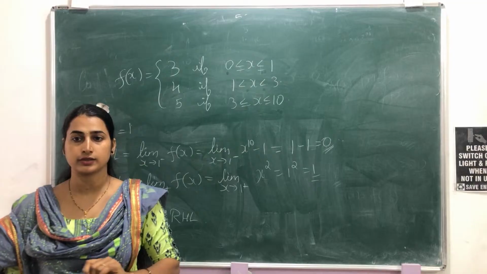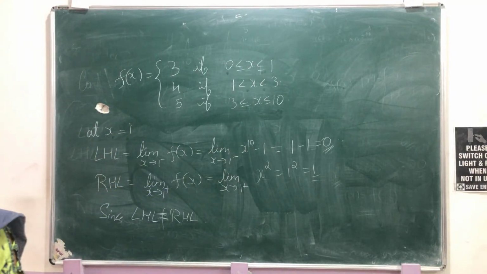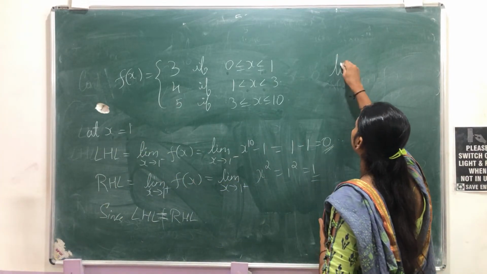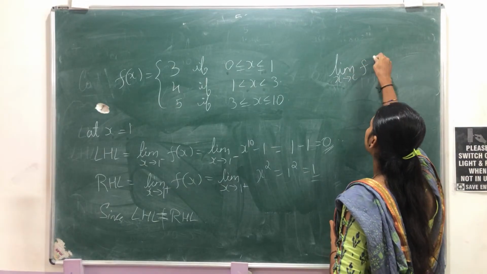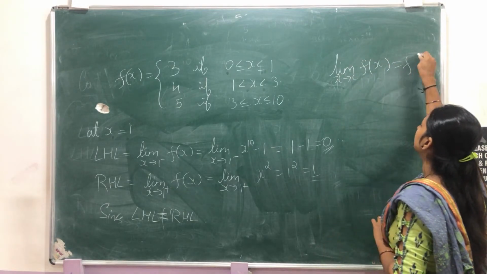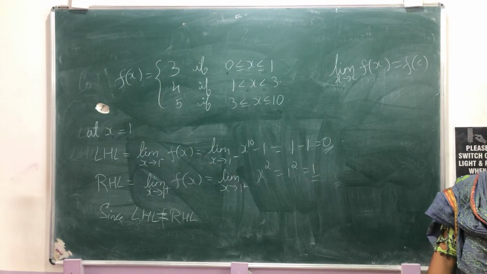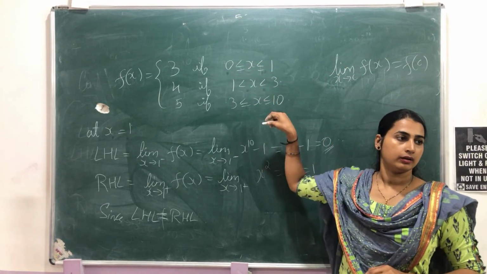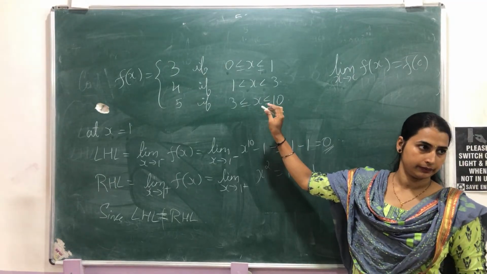What is the first definition? The first definition is limit x tends to c, f of x is f of c. This we need to use only for 0 and 10 because all three conditions are not given.